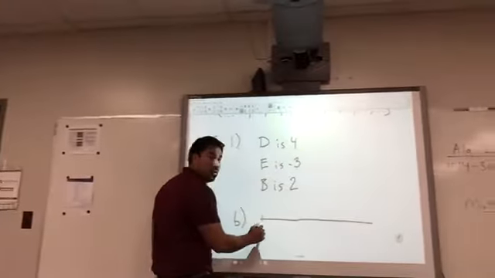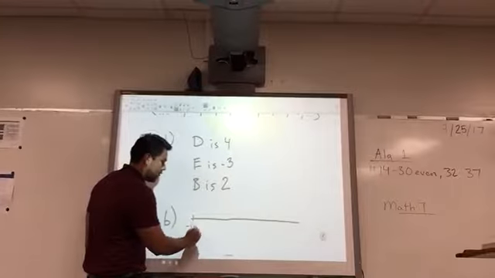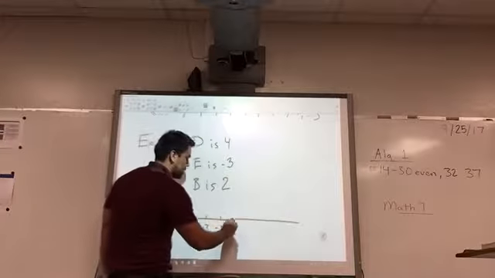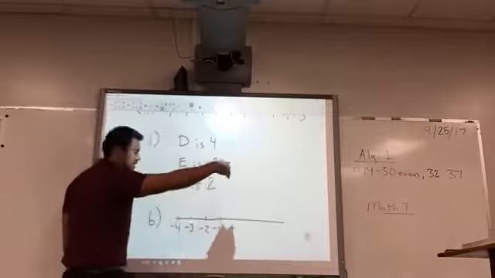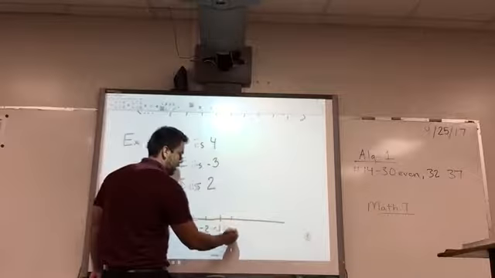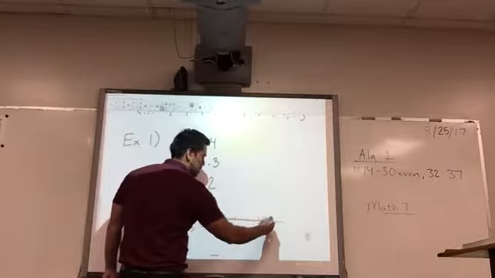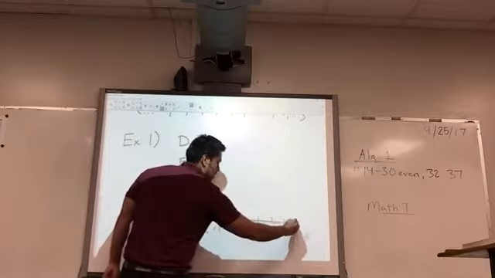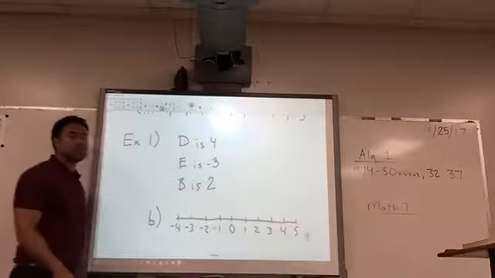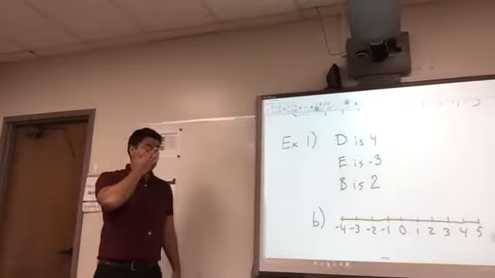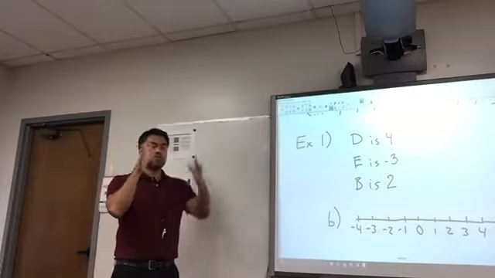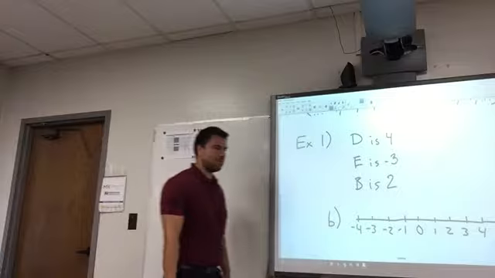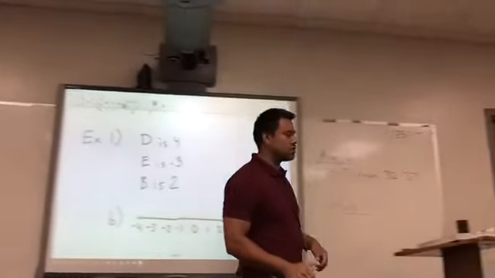Okay, so maybe I'll go -4, -3, -2, -1, and then what's the highest number? It's 4, so you can go to 5. All right. So I don't have to do the whole number line. In fact, I can't do the whole number line. I want to do a piece of it, a segment of it, and that's actually a geometrical term.